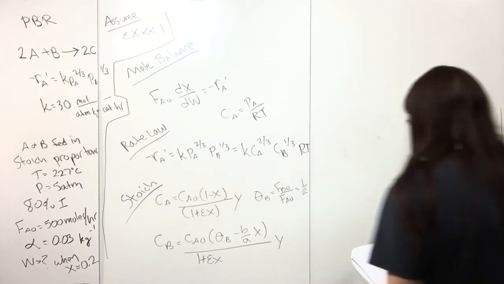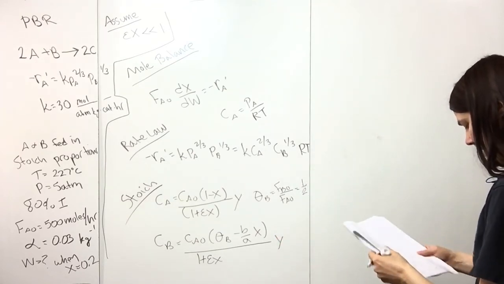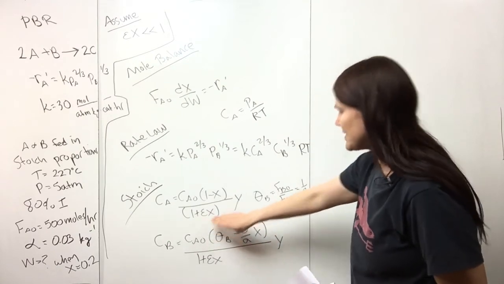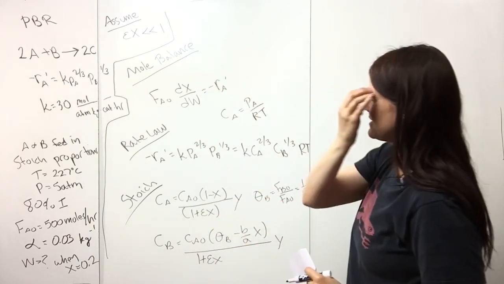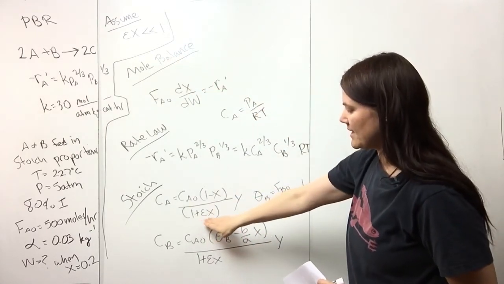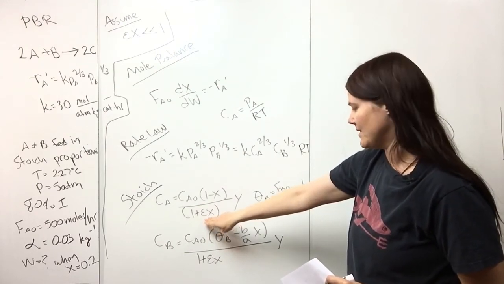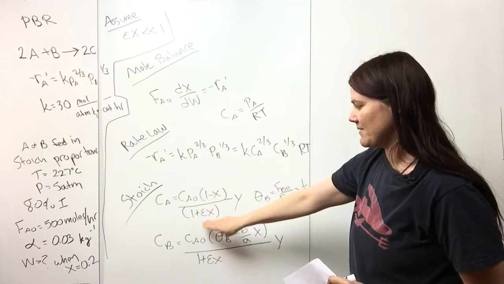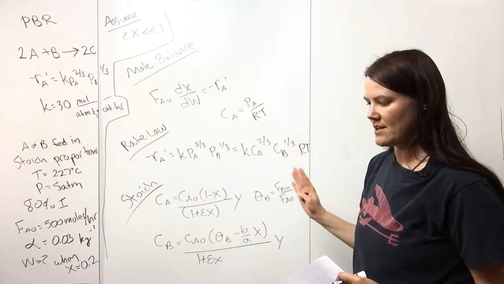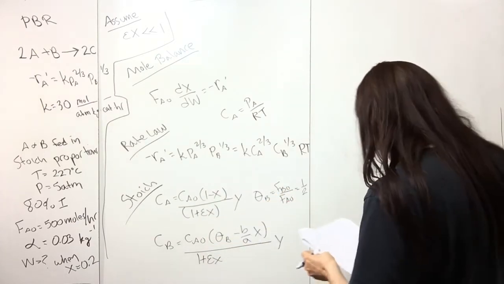Since I'm assuming that epsilon x is really small, I could theoretically just set that to 0 right now, but I'm going to leave it in this form just so it's a more general equation.